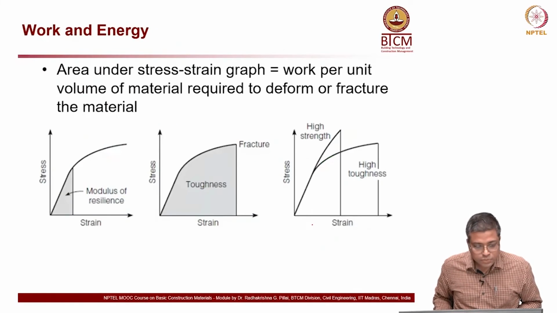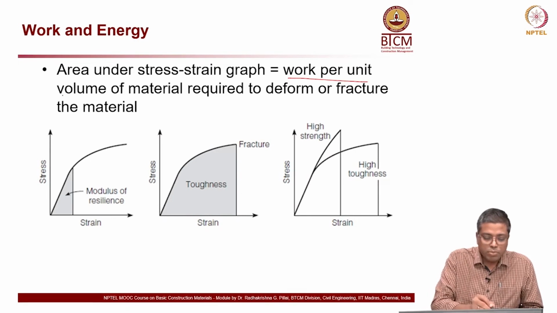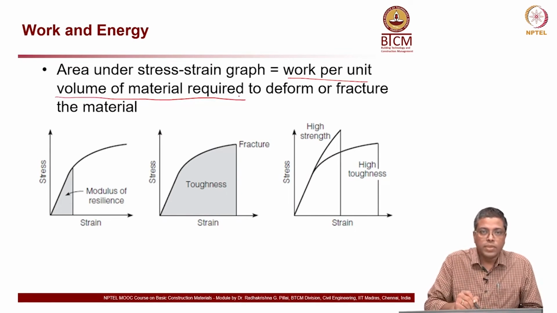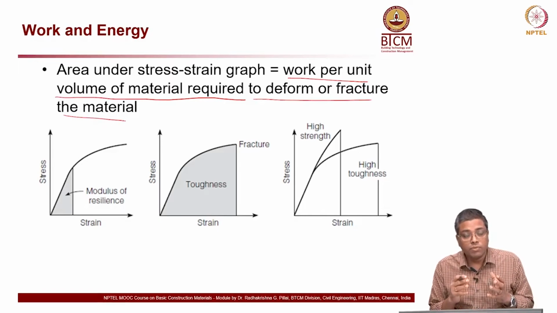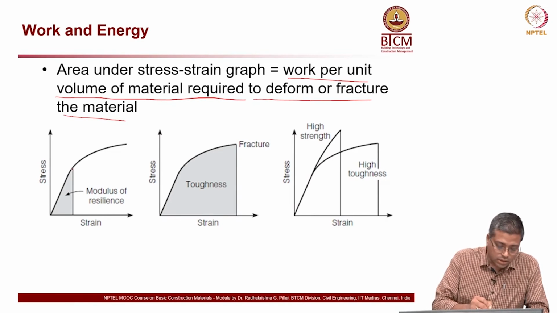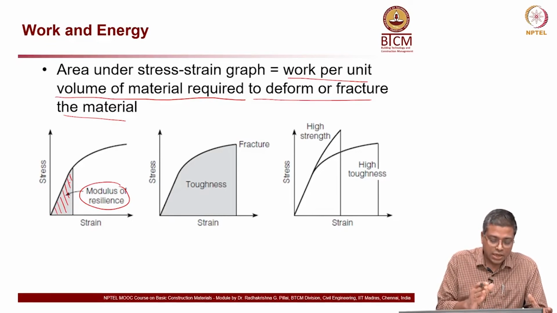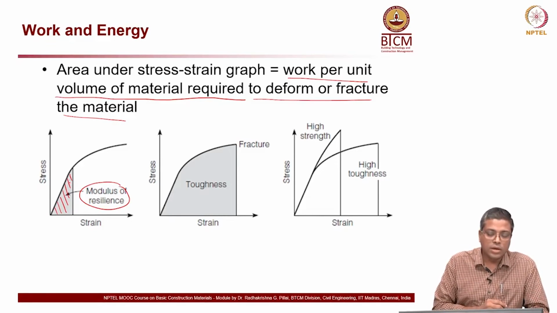Now, the area under the stress strain graph we just discussed, what is that indicating? It is essentially the work per unit volume of material required to deform or fracture the material. Now, in the first sketch here you can see modulus of resilience, which is essentially the area under the curve until the yield point, or let us say in the elastic region of the graph.